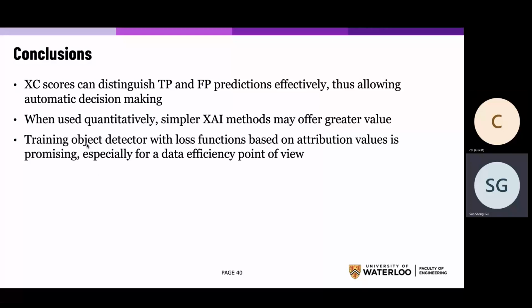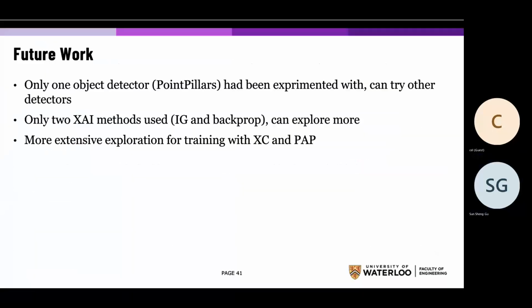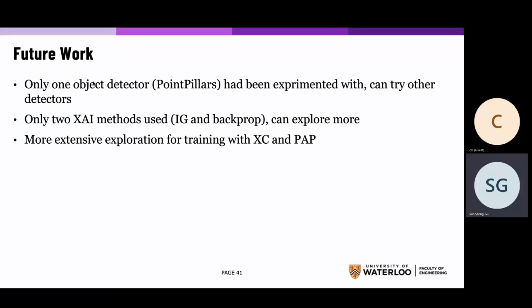And yeah, training object detectors with loss functions based on attribution values is a promising direction, especially from the data efficiency point of view, as discussed just now. As for future work, we had only explored one object detector, which is PointPillars.